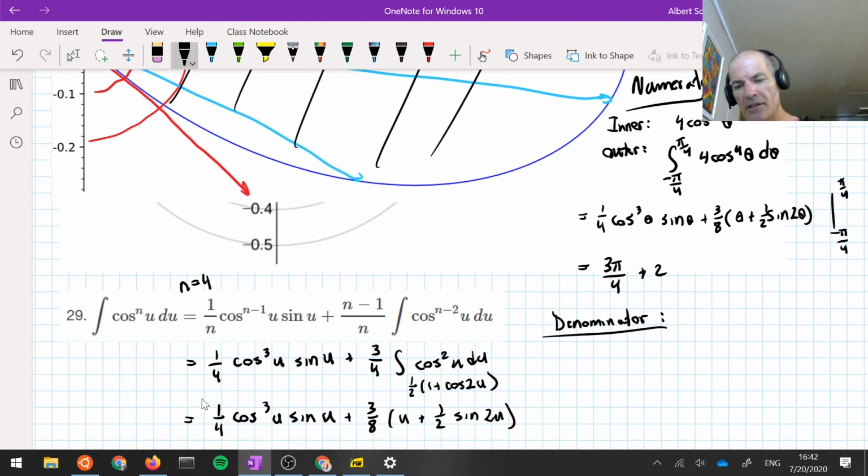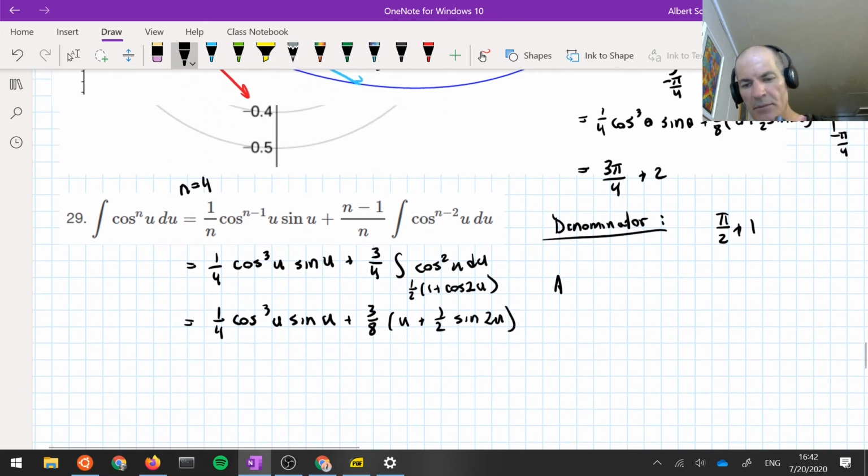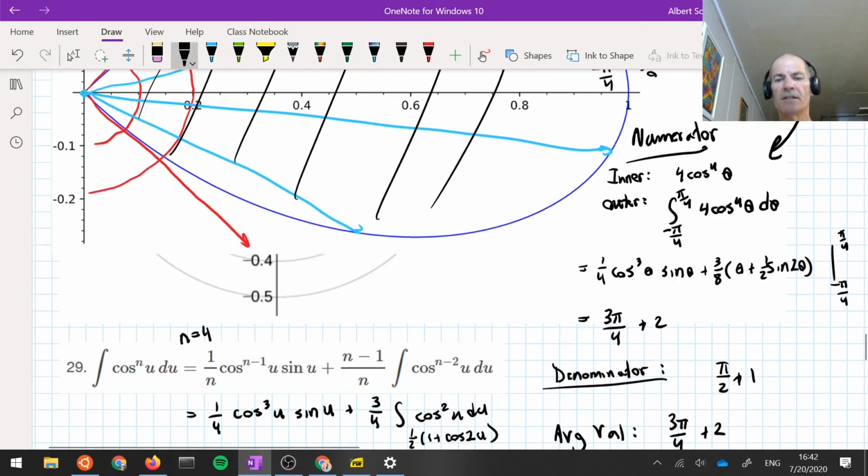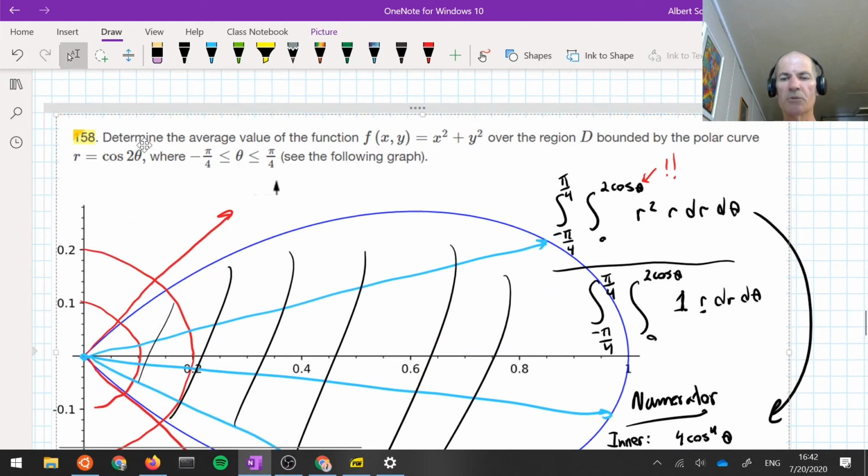So the denominator turns into pi over 2 plus 1, and the average value is 3 pi over 4 plus 2 divided by pi over 2 plus 1, whatever that works out to be. So that's the average value of the function x squared plus y squared over this region.